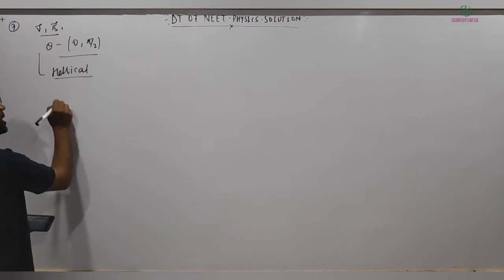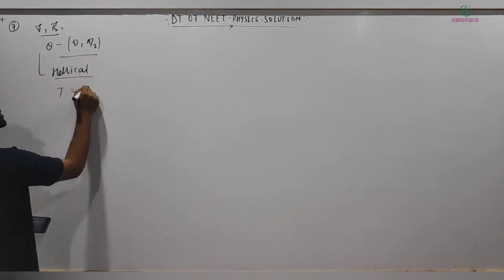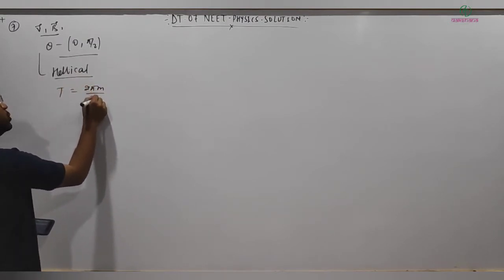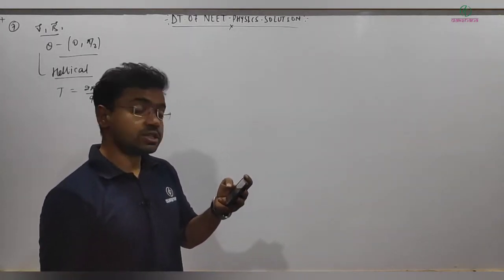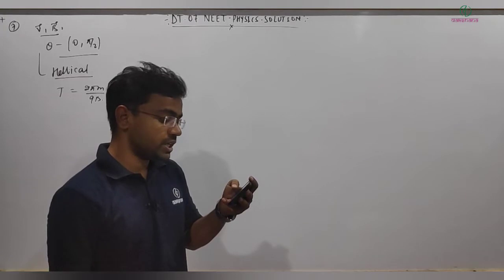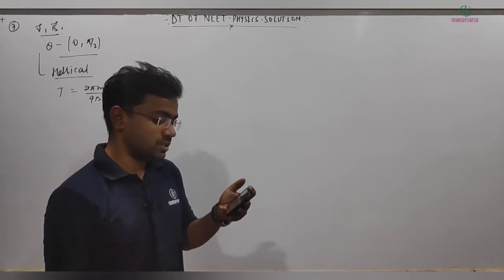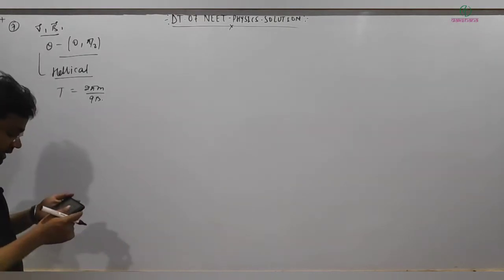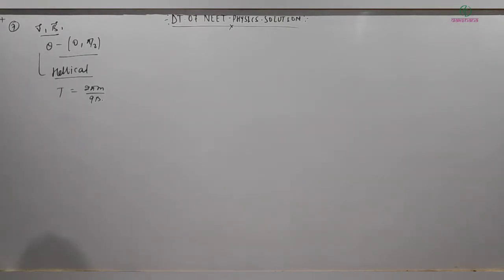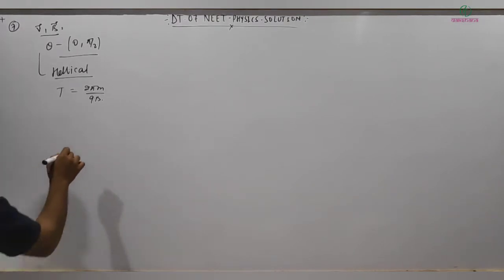And in a helical path, we know the time period is given by 2 pi m by qB, because it's asking, its velocity vector v bar returns to its initial value in a time interval of, so yes, here the time period we know.